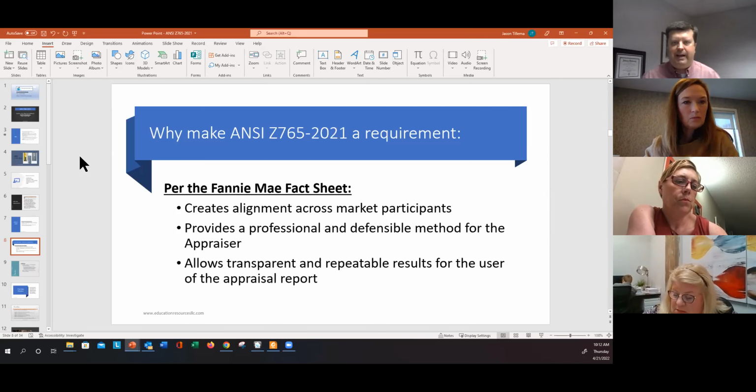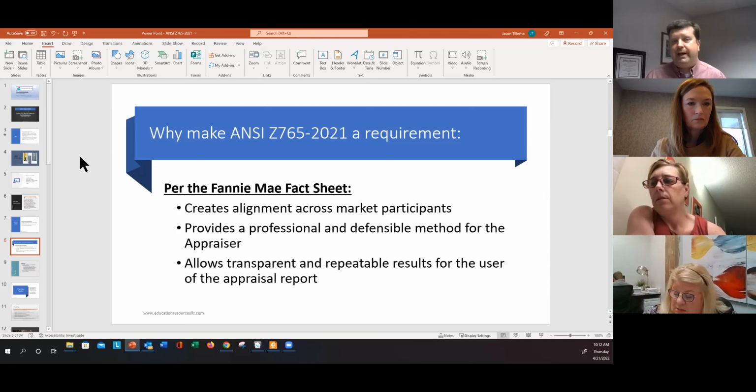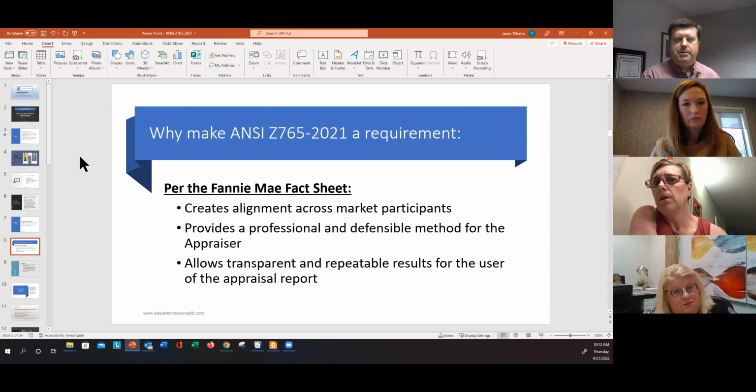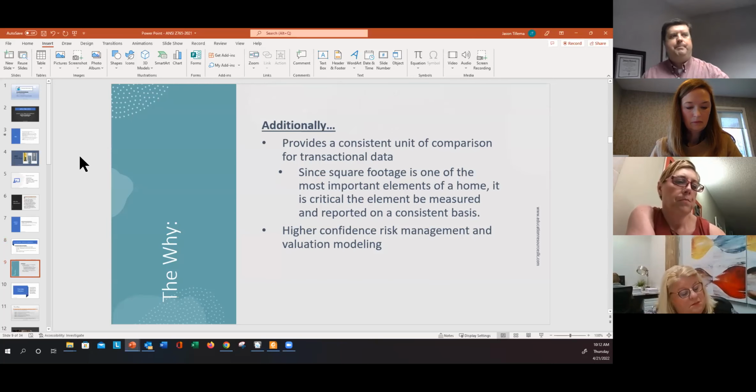You may have somebody measure a home at 1,537 square feet, and the other appraiser comes in at 1,513. 24 square feet is not a big deal. And so Fannie Mae's not primarily concerned with accuracy. They're concerned with getting repeatable and consistent results. This ANSI will provide for a consistent unit of comparison for transactional data.